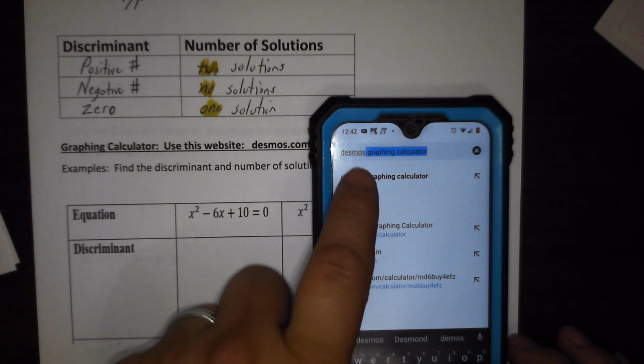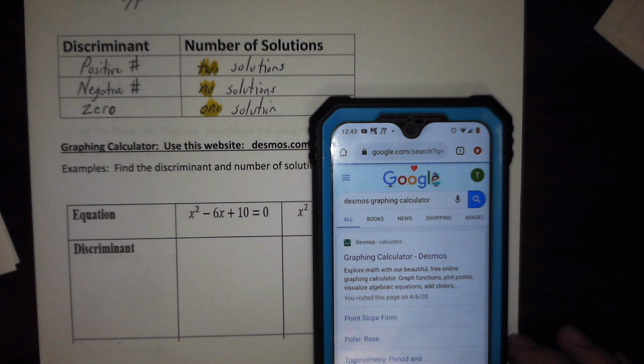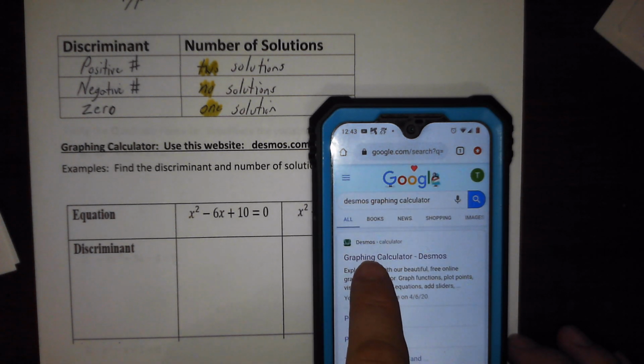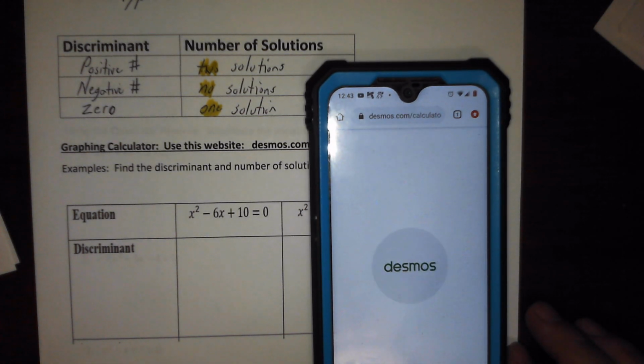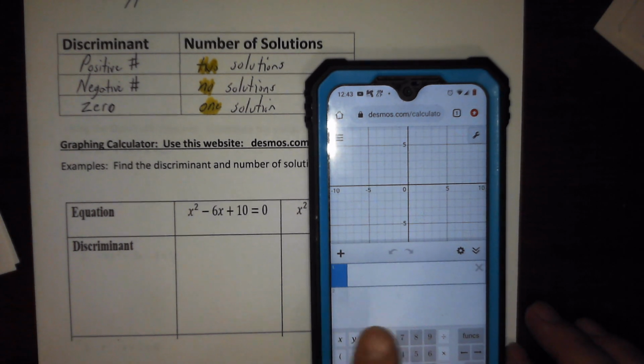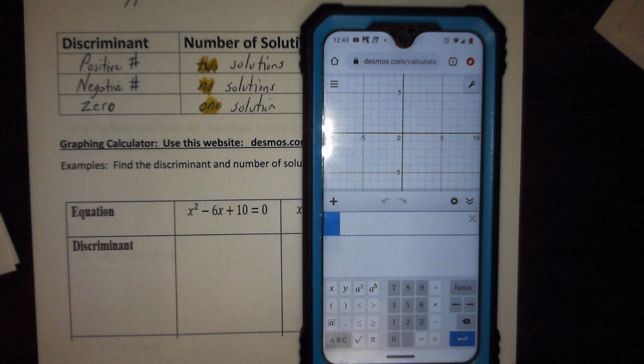I can just look up Desmos graphing calculator. Here it is, and I have my keypad down here. That's what I want to use today. It also graphs. If you put an equation there, it'll graph it for you, quadratics also.